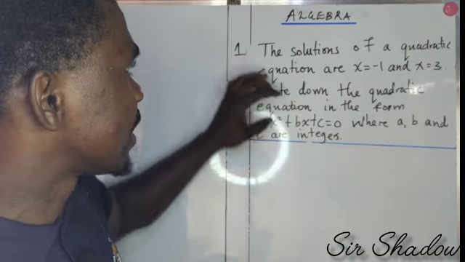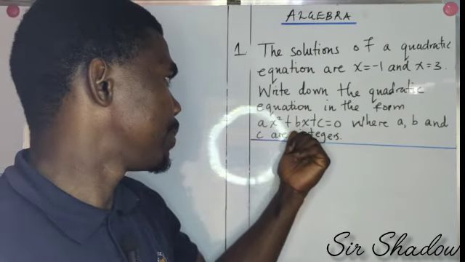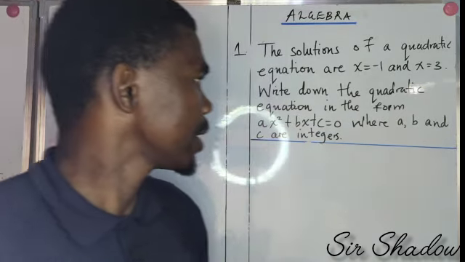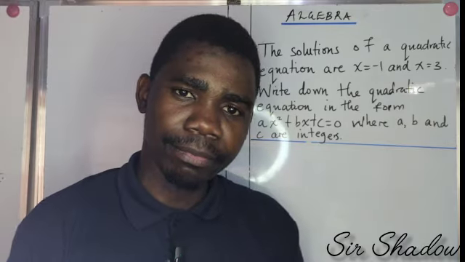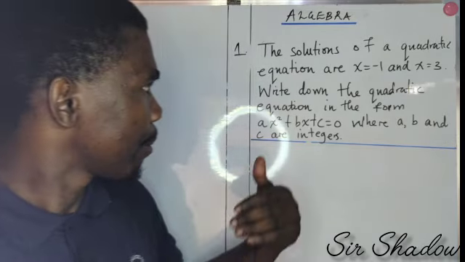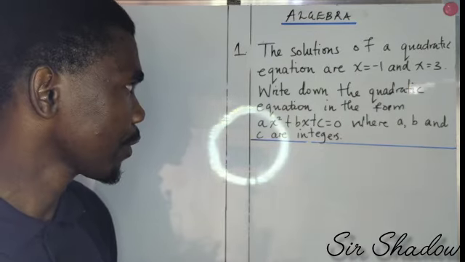Then write down the quadratic equation in the form ax squared plus bx plus c equals 0, where a, b, and c are integers. Are you ready? So that I explain well on this one.